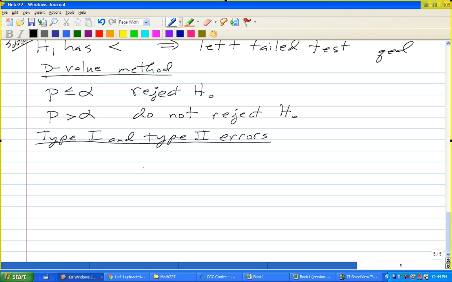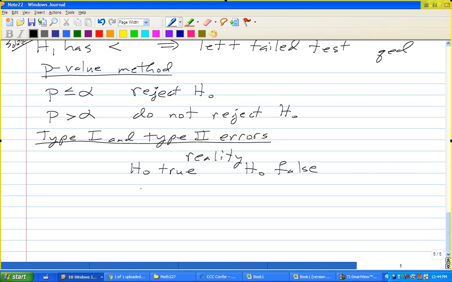So let's say that this will be reality. Say that the null hypothesis is true, or the null hypothesis could be false. So this is reality. So this is what really happens.